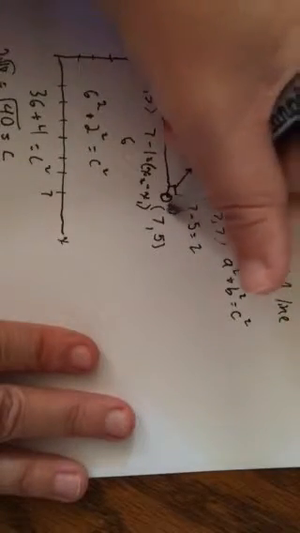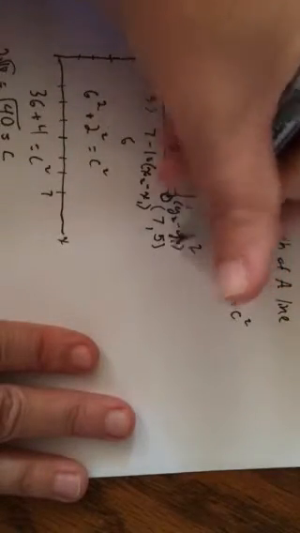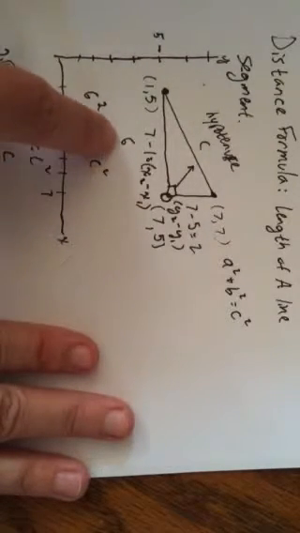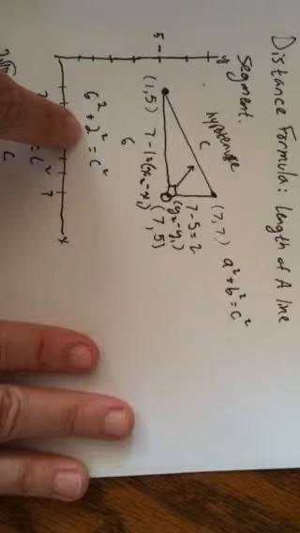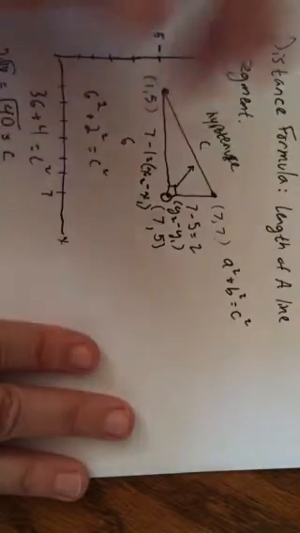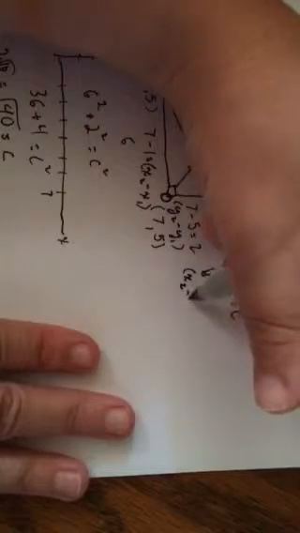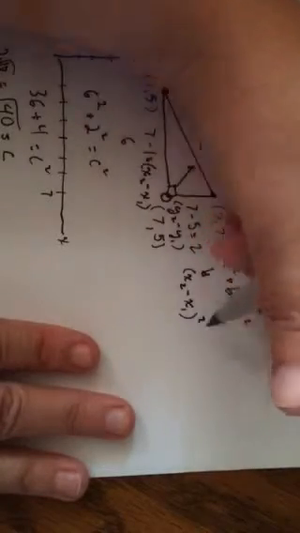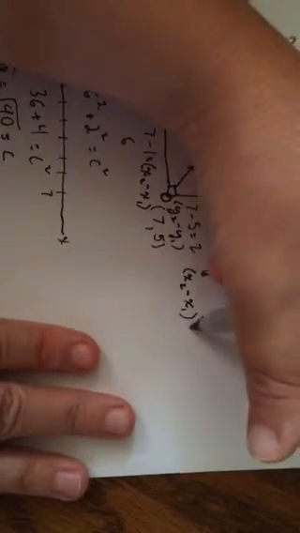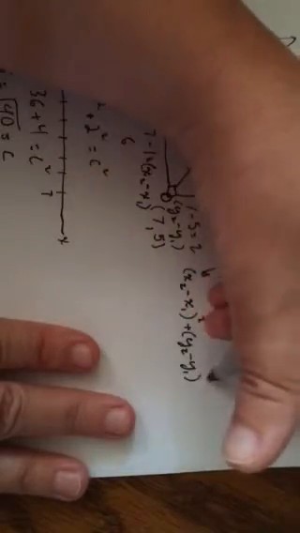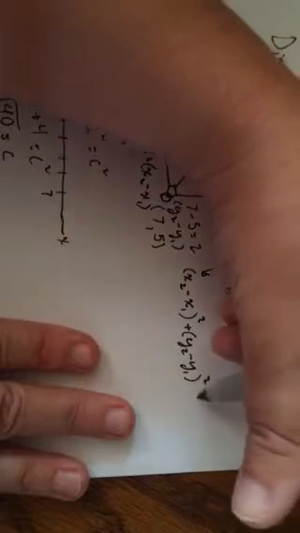So this was y2 minus y1. And then I put those lengths that I found, the 6 and the 2, into the Pythagorean theorem. So I put x2 minus x1 squared plus y2 minus y1 squared into the Pythagorean theorem.